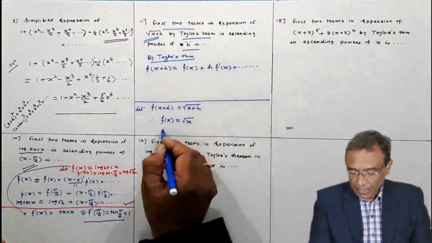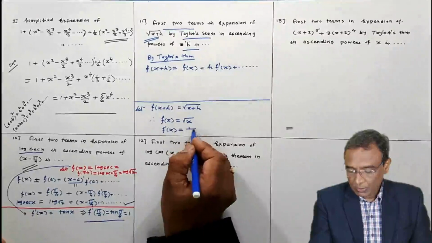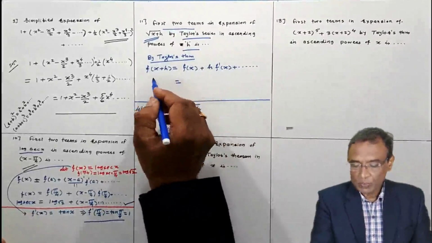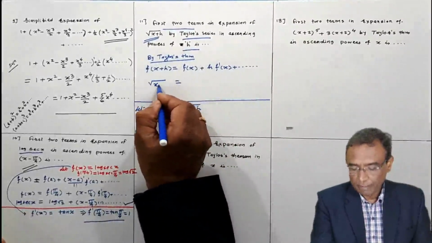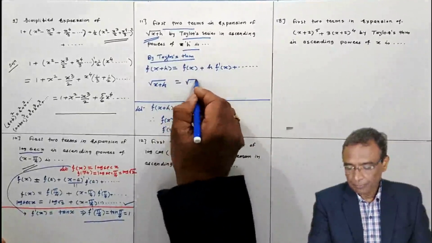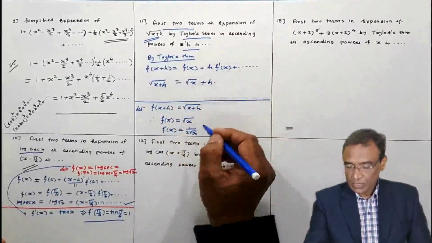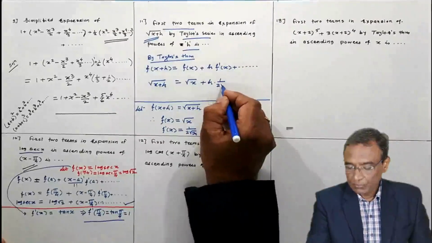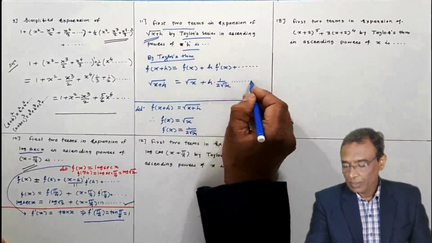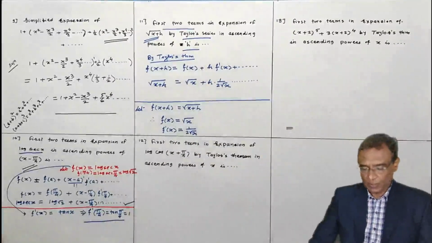The derivative of root x is 1 by 2 root x. Now putting values here: f of x plus h is root of x plus h, and f x is root x, plus h into f dash x, which is 1 by 2 root x. The given function is thus expanded in ascending powers of h, up to two terms.